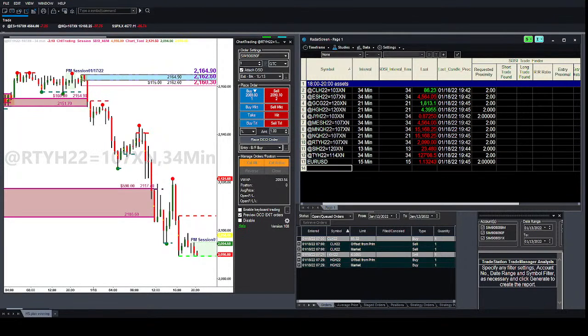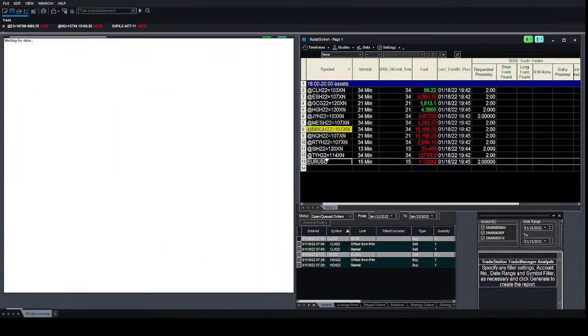If you want to trade the futures on the euro, it's EC H. The current contract is H22 equals 103 XN. But that's the futures on the euro. So it's EC H? Correct, H22 equals 103 XN.